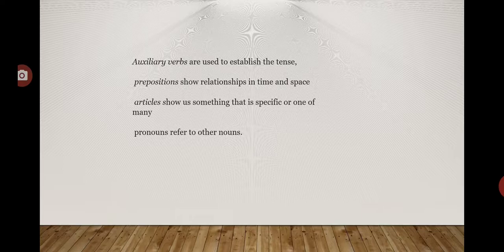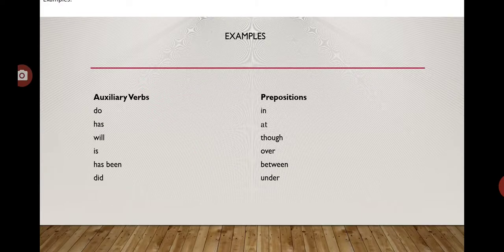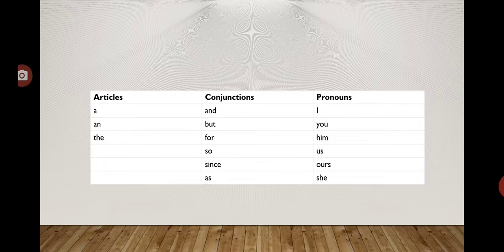And next, again I just elaborate all these points: auxiliary verbs, prepositions, articles, conjunctions, and pronouns. We have examples: auxiliary verbs: do, be, have. Next, articles, conjunctions, and pronouns.